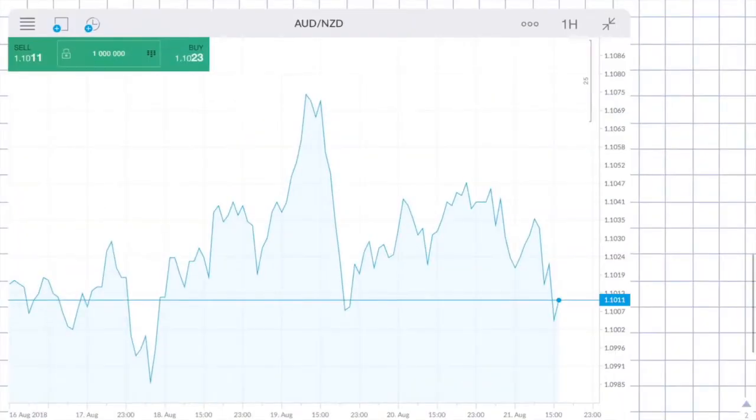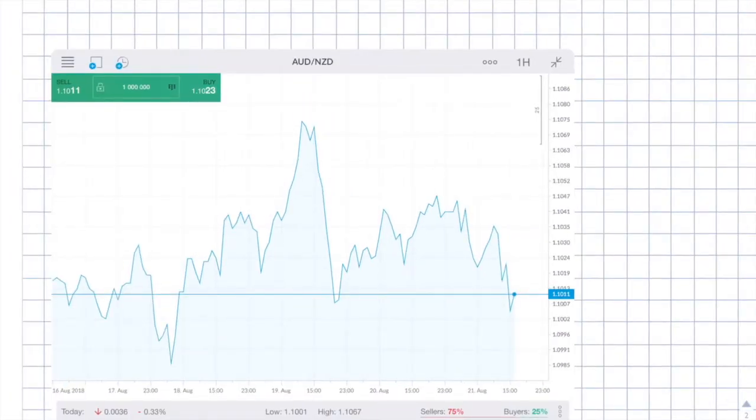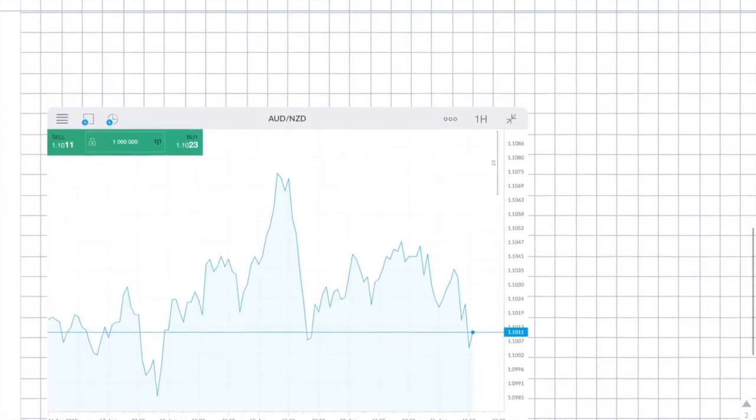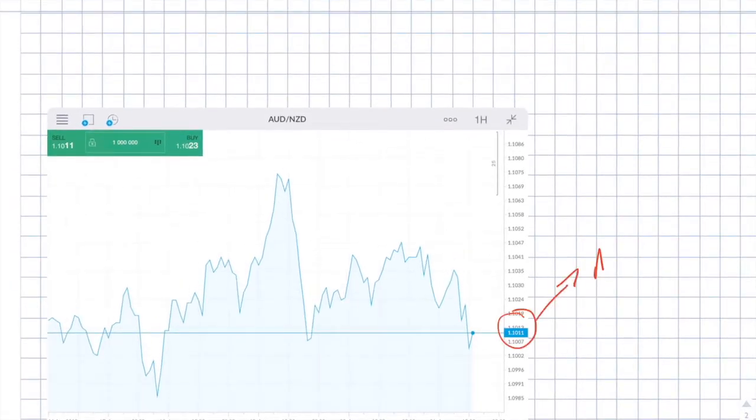So in this example, what I'm going to show you is if you look on this chart, this Australian dollar against the New Zealand dollar, what you see on the right is the actual currency rate. And I've just highlighted it there. And what the forex broker does is when you want to buy, the forex broker will charge a higher price.